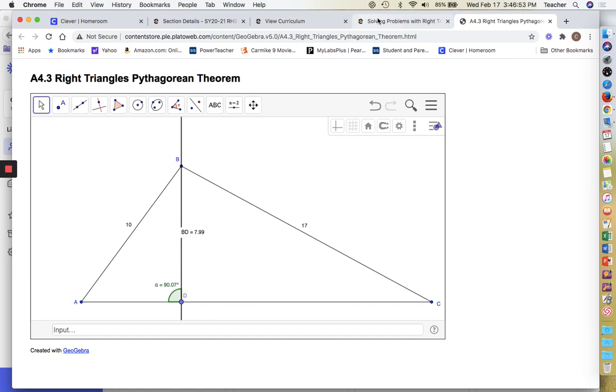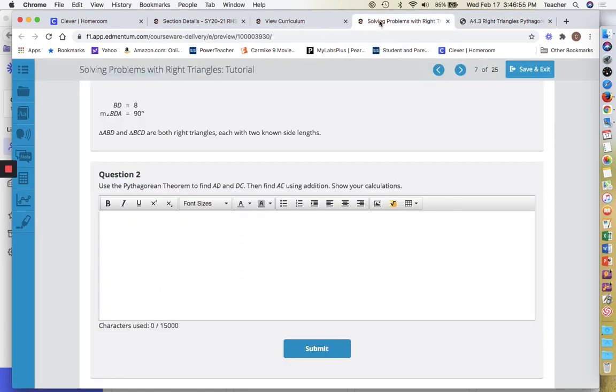So I'm going to do a squared plus b squared equals c squared. It will be AD squared plus 8 squared equals 10 squared.